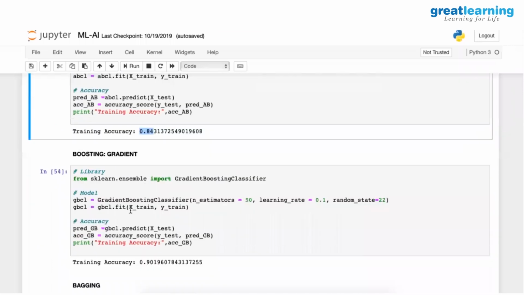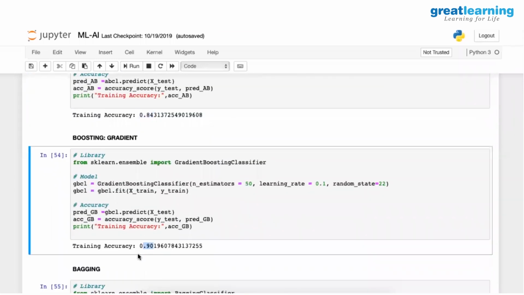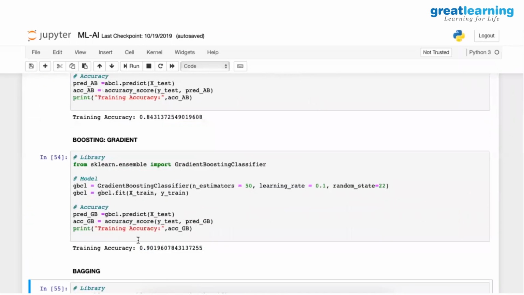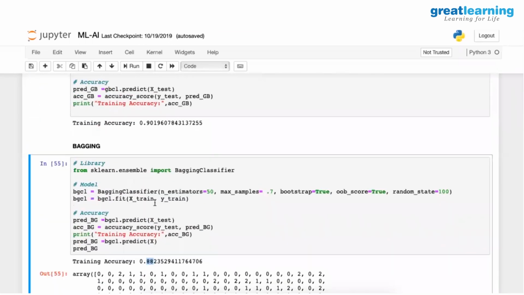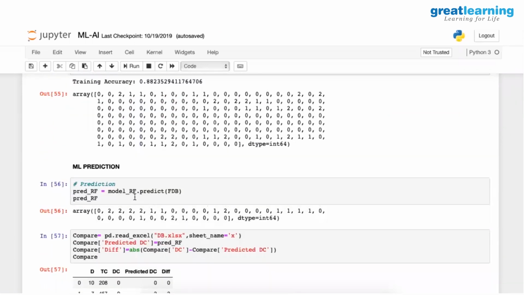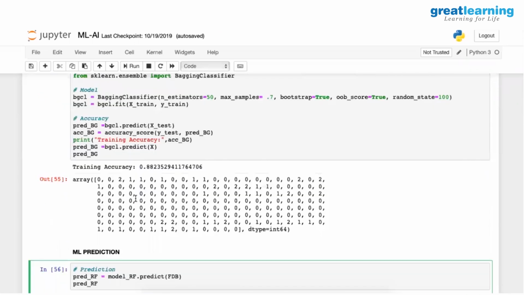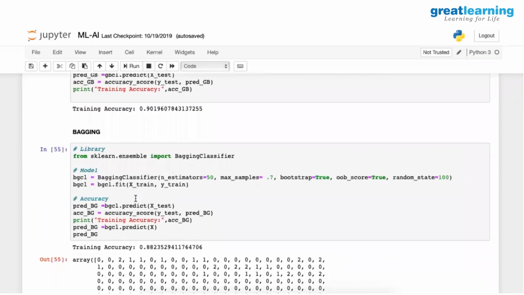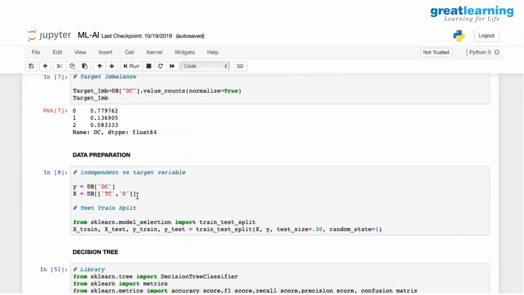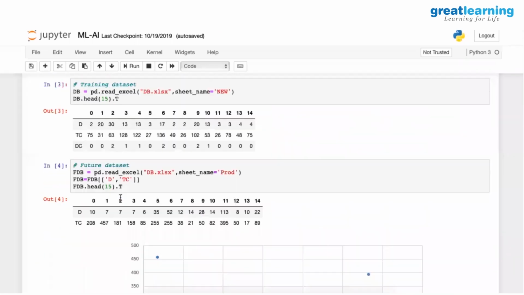Boosting is 84, and gradient is around 90. And bagging is 88. If you compare all of this, I feel boosting is doing pretty good, so we'll choose one of them. So we have made an ML predictor with accuracy of say 90%, for example. This is a very simple way of doing an ML.